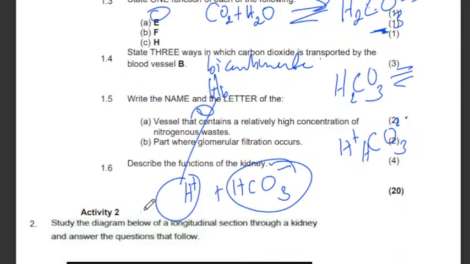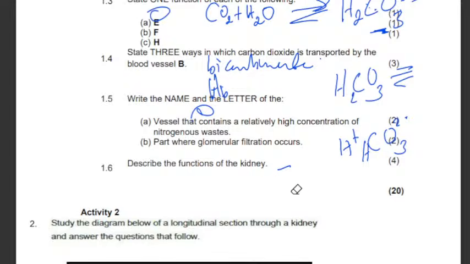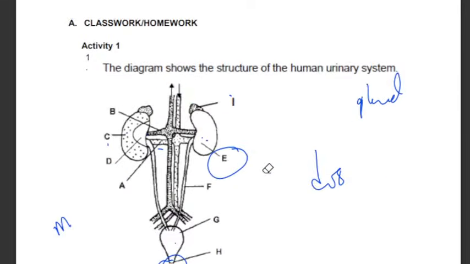So the next question is, I think this one needs to be rubbed off. Okay, they're saying write the name and the letter of the vessel that contains a relatively high concentration of nitrogenous wastes. So we are looking at the one which brings blood.